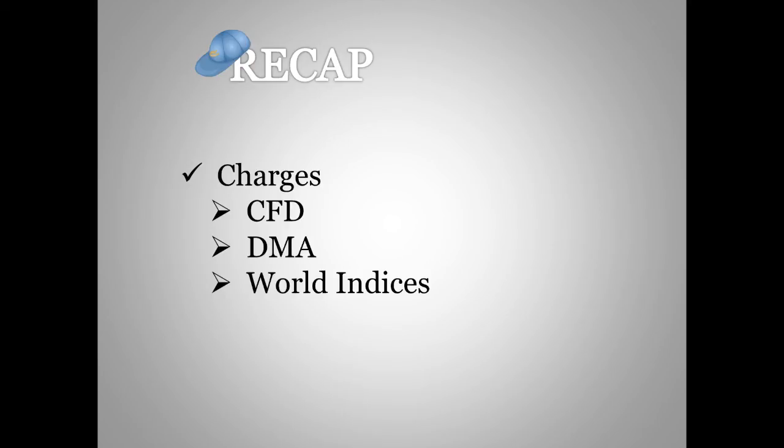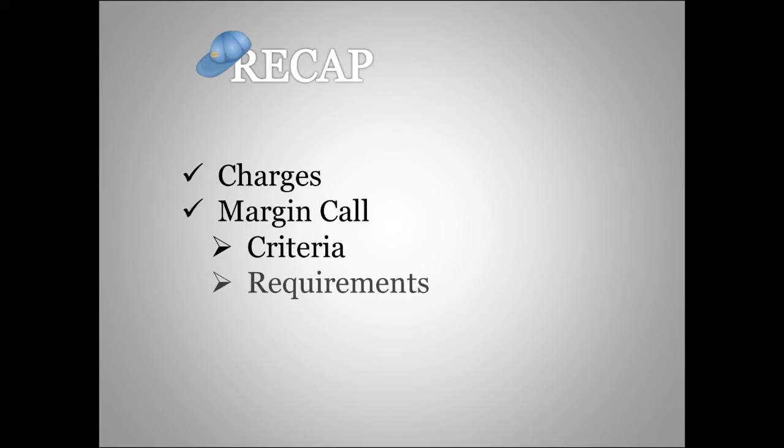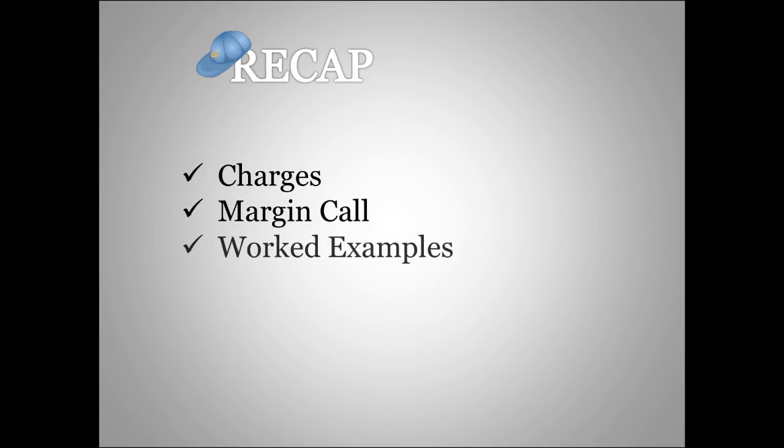It is also important to note that in the positions entered, there is a spread involved, unlike CFD and CFD DMA. We have also gone through margin calls and the various requirements that need to be fulfilled when a margin call is made. Last but not least, we have gone through some examples which distinguish between the different products to give you a clearer view on CFD as a product.